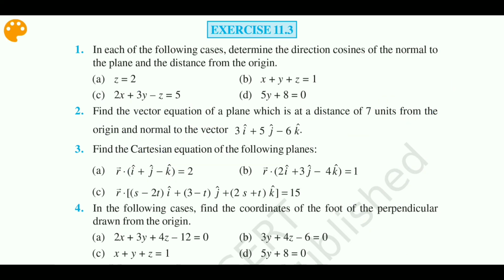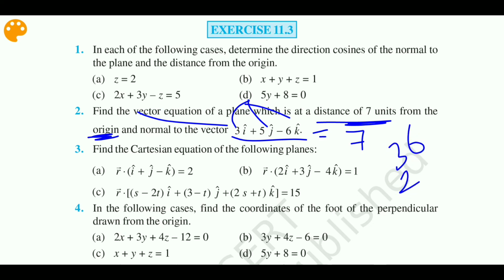That's simple. Next question, we have to find the vector equation of a plane which is at a distance of 7 units from the origin. The word is origin. So what will you do? Put this equal to 7, take the magnitude of this and divide. This comes out to be 36 plus 25 plus 9, which is 70, so root 70.